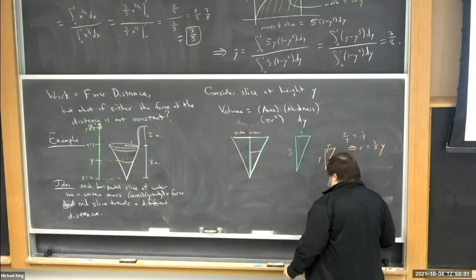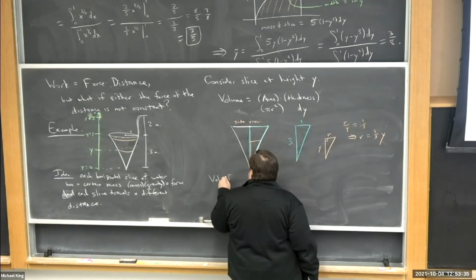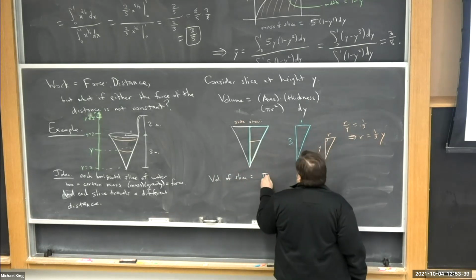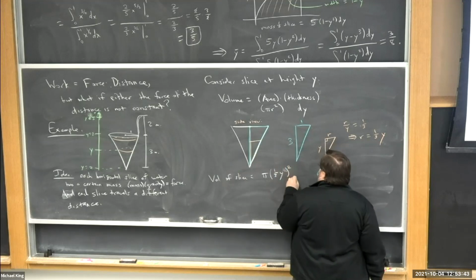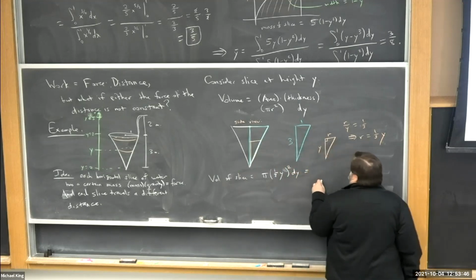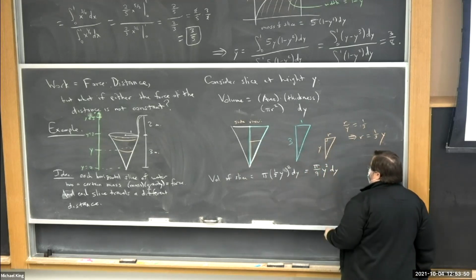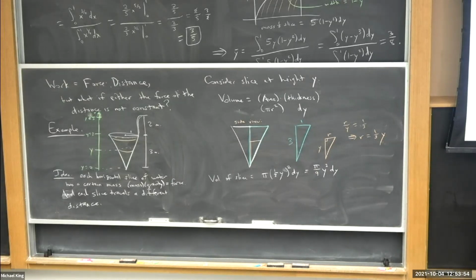Okay, so then the volume of the slice is pi times (1/3 y) quantity squared dy, which is pi over 9 y squared dy. Now, what about the mass of the slice? Well, we need the density of water. It's 1 gram per cubic centimeter.